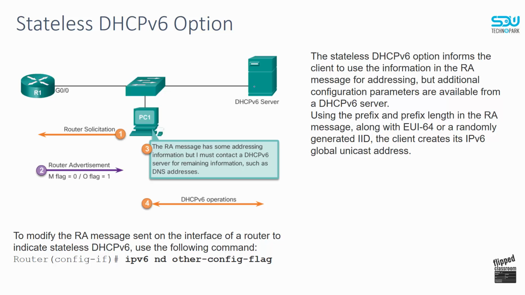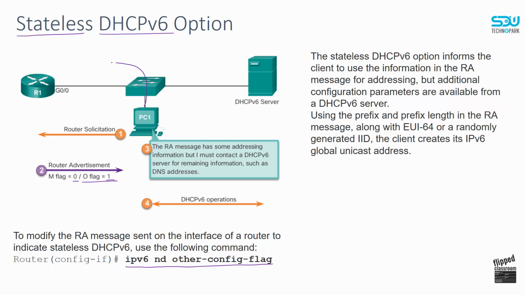Whereas the stateless DHCP version 6 option means that you will use SLAAC and DHCP. In this case, M is equal to 0, O is equal to 1. Then you have to just configure ipv6 nd other-config-flag. So O is equal to 1. And what will be happening?